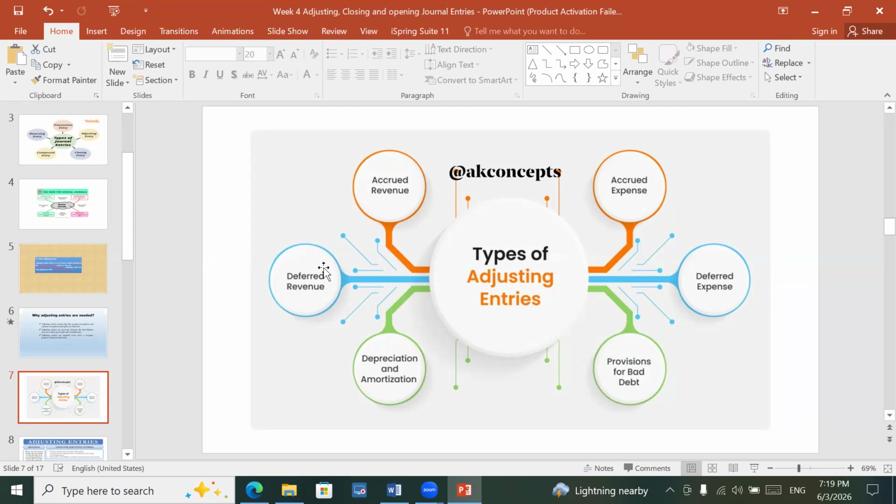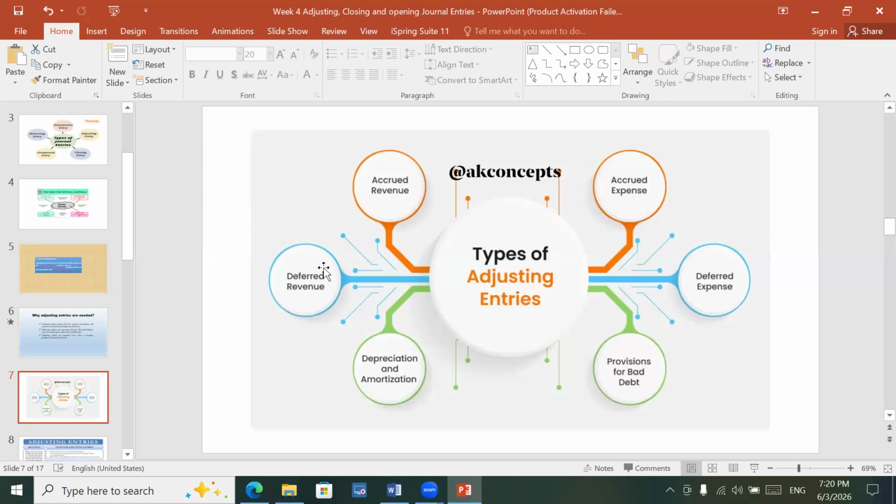So deferred expense means advance. Keep in mind, deferred means advance or prepaid. Advance, prepaid, and deferred, the three words are the same. So try to keep this very clearly in mind. This deferred, this prepaid, this advance may be expense, may be income.